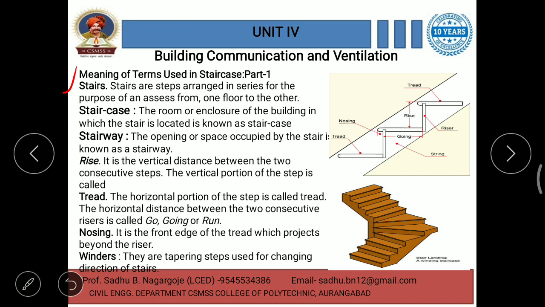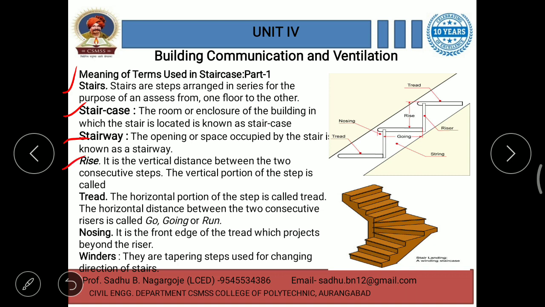Staircase: the room or enclosure of the building in which the stair is located is known as staircase. Stairway: the opening or space occupied by the stair is known as stairway.